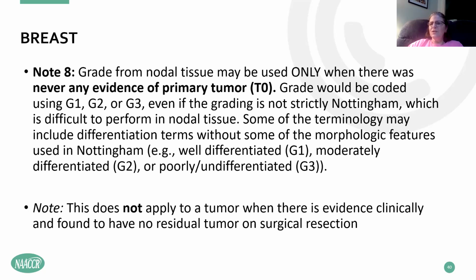So grade would be coded using G1, G2, or G3, even if the grading is not strictly Nottingham. So if they say this is a well-differentiated tumor, you could assign a G1 and so forth. This does not apply to a tumor when there is evidence clinically and found to have no residual tumor on surgical resection. That is not the same thing.